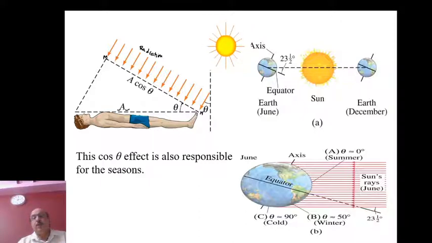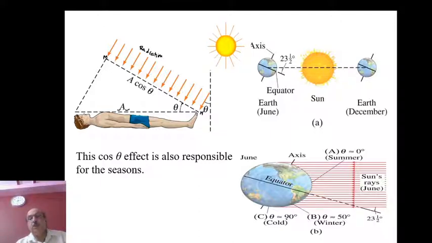Whereas if theta is 50 degrees, it means the area with normal radiation is having angle 50 degrees, then it is winter. And at the pole, the angle is 90 degrees.